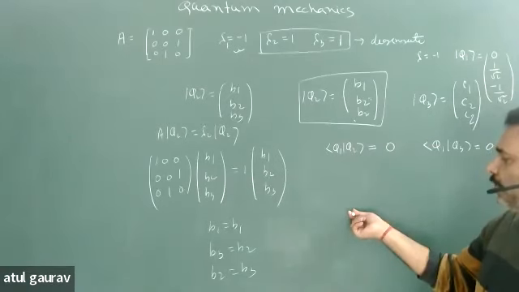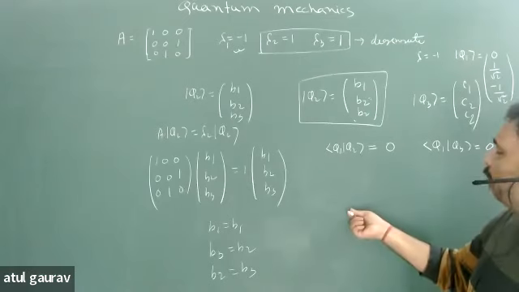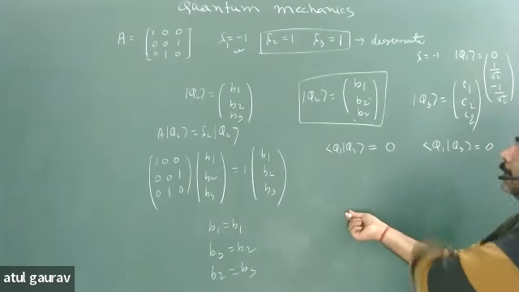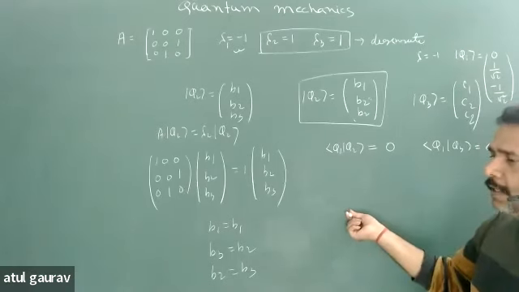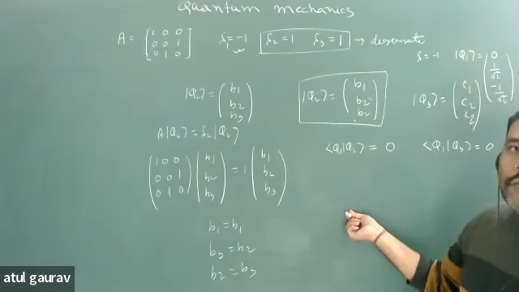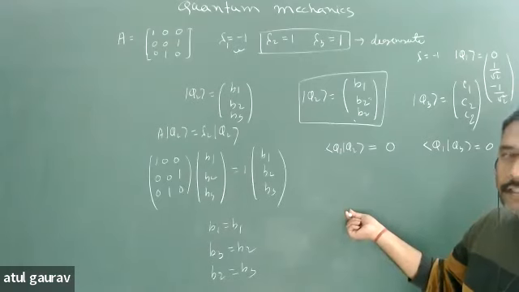What I am trying to say, phi 1 is perpendicular to this plane of the board. So any vector which is in the plane of the board is orthogonal to this vector.